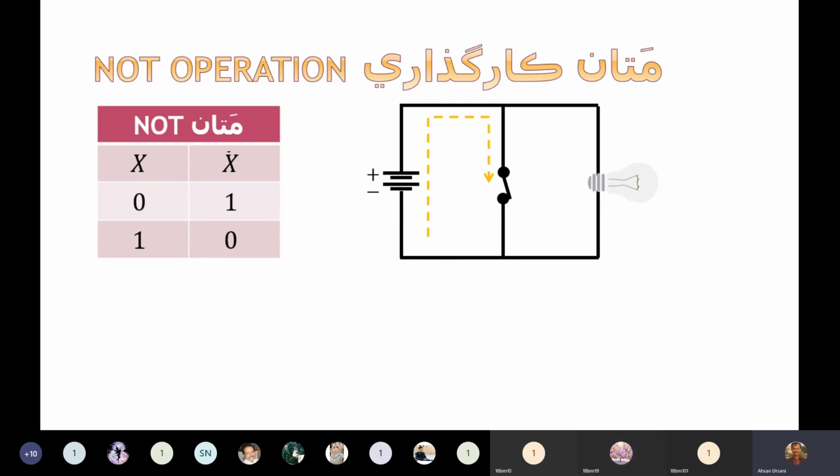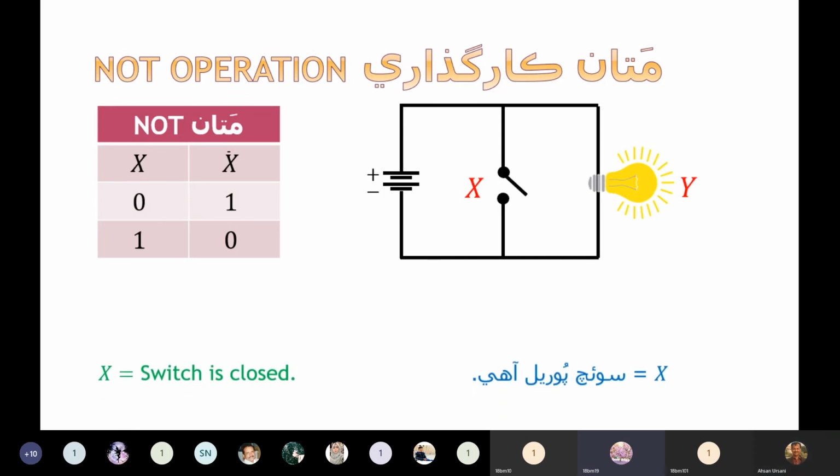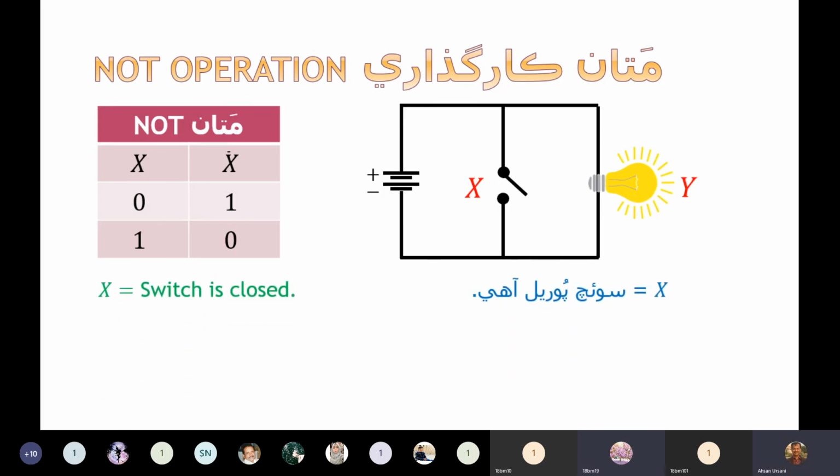This is only there to understand, not operation. It is not used in controlling lamps at home. Now, if x represents switch is closed, x complement represents switch is not closed.